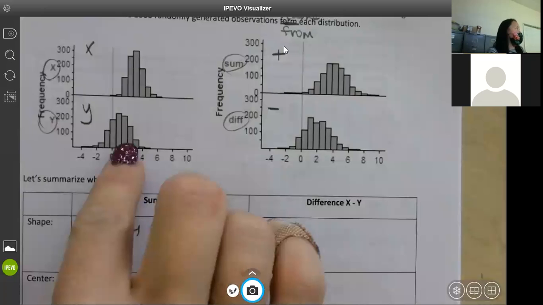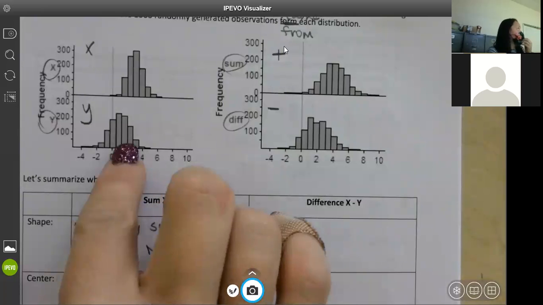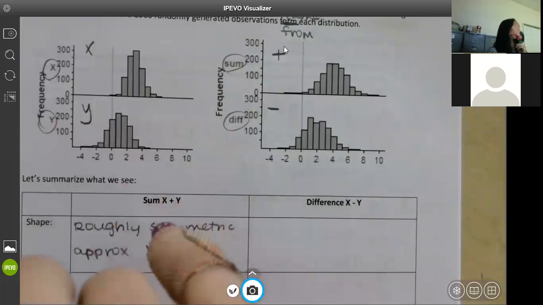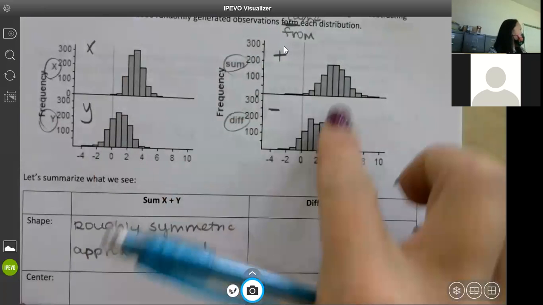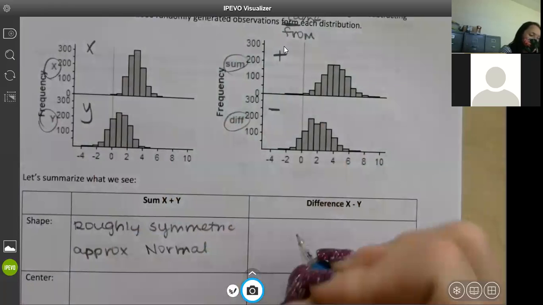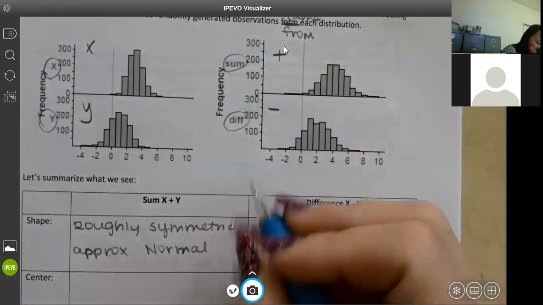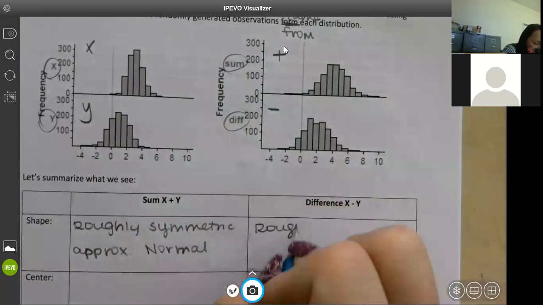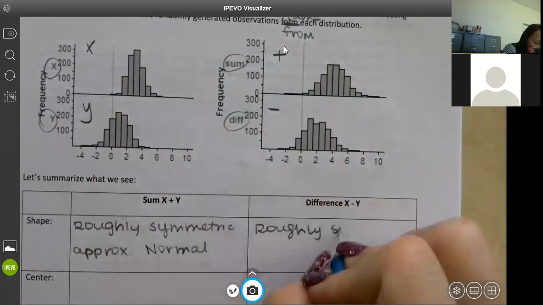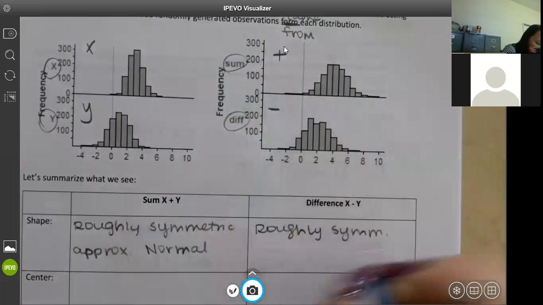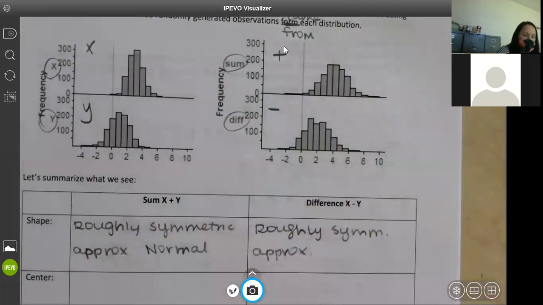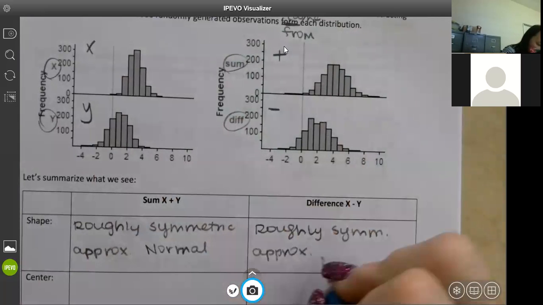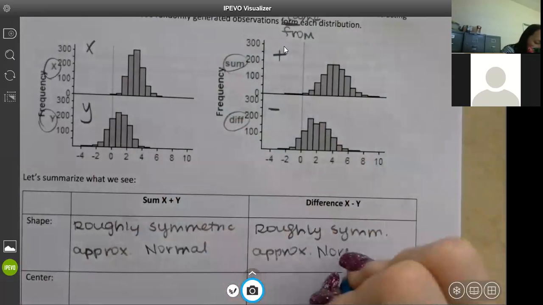What did they tell you? That they were normal, right? If these two are normal, then these have to be normal. Does that make sense? All right, so same thing for the difference of X and Y. You guys would have said roughly symmetric because we haven't talked about anything else. But they're actually approximately normal because X and Y, which make them up, are approximately normal.